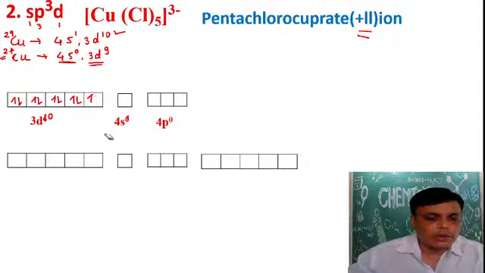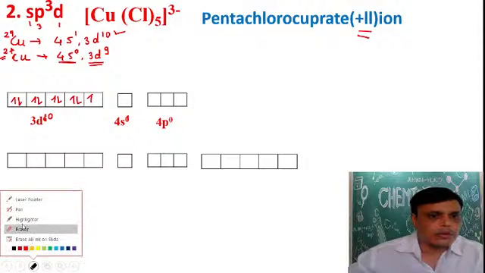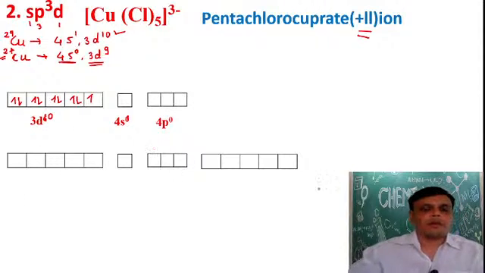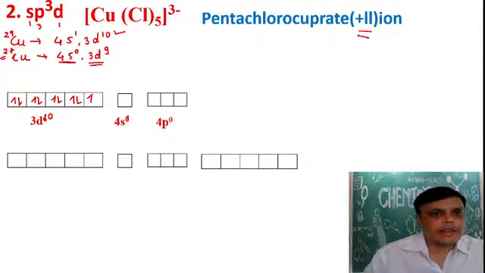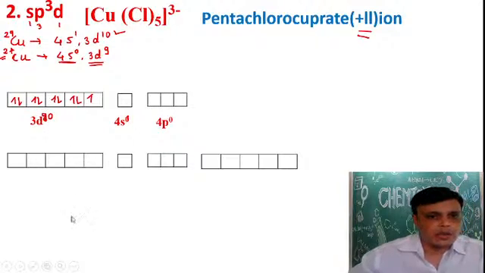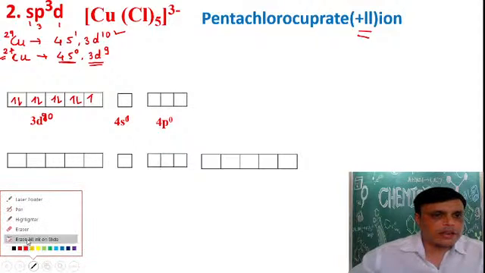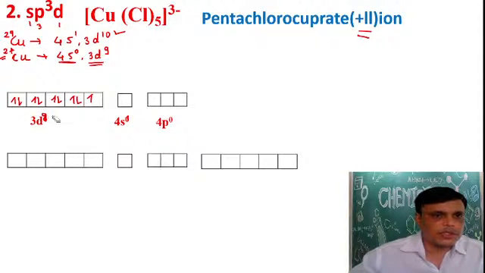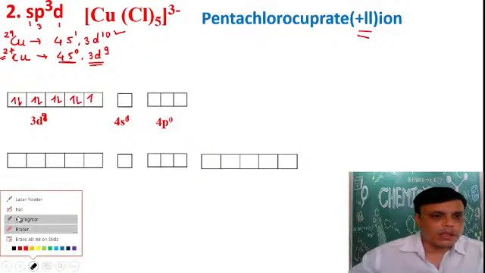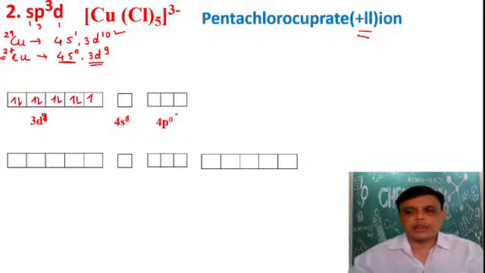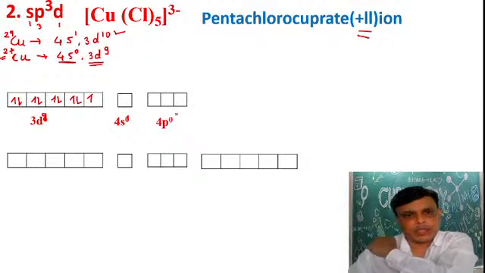So this will be the box diagram, 3d9, 4s0, and then 4p0.